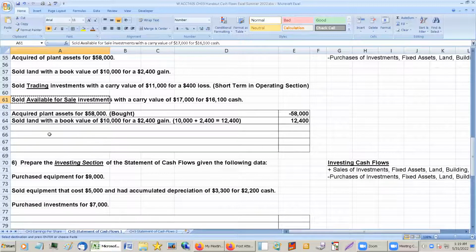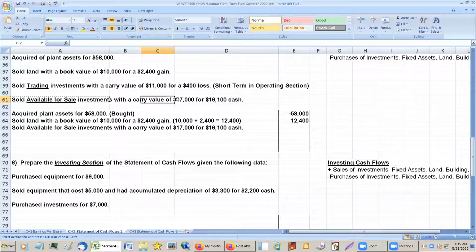Sold available for sale securities. The carrying value of 17,000, sold for $16,000 cash. How much cash do we get? 16,100.